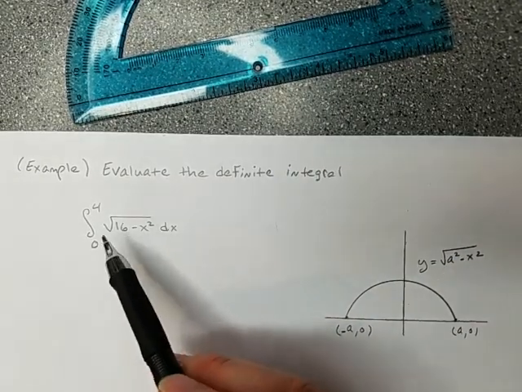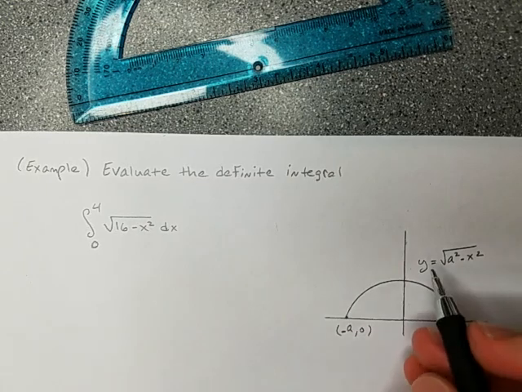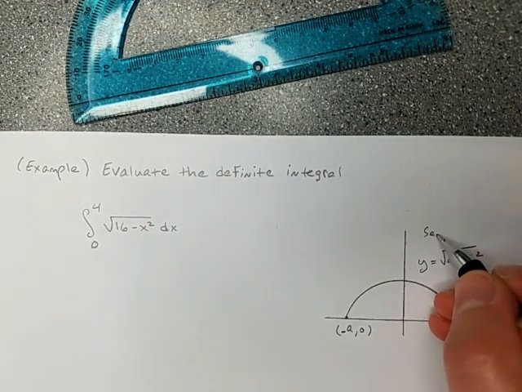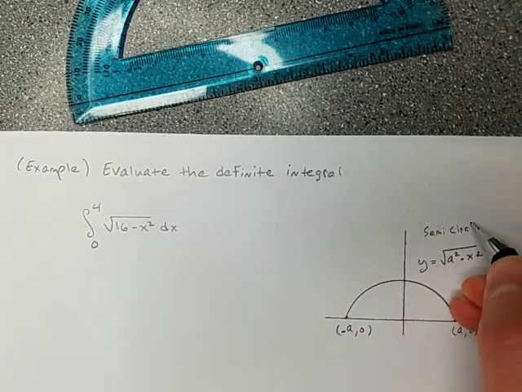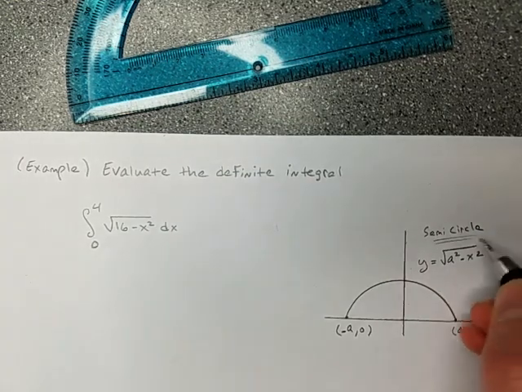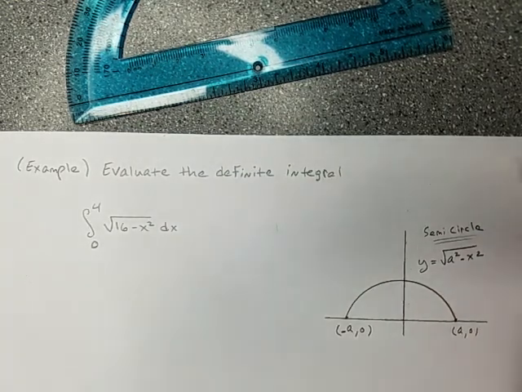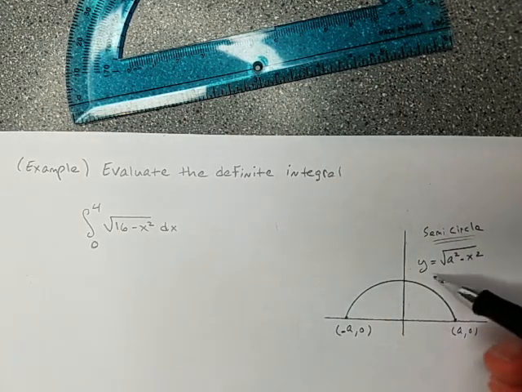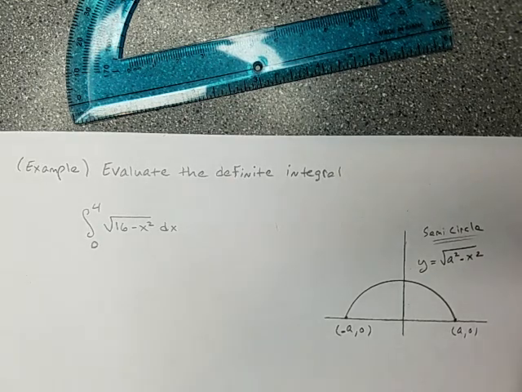A curve of that form is actually a semicircle. There's a lot to know in math, but somewhere along the way you encounter graphs of familiar shapes like circles, and this is a semicircle. I won't go into the whole explanation of that, but I could if you needed me to.